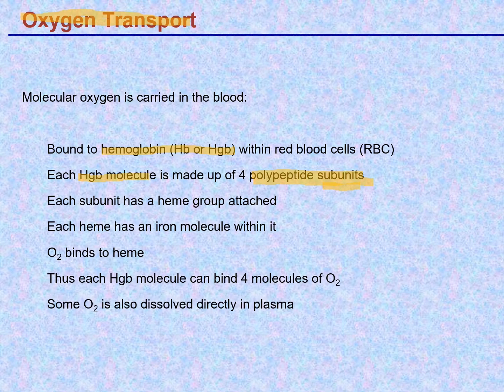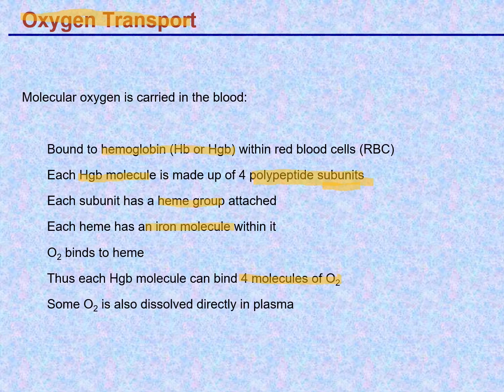Each subunit has within it a heme group, and each heme has an iron at its center, and each iron can take up a molecule of oxygen. The oxygen binds to the heme, and therefore each hemoglobin molecule with 4 hemes can bind, when fully saturated with oxygen, a total of 4 molecules of oxygen.